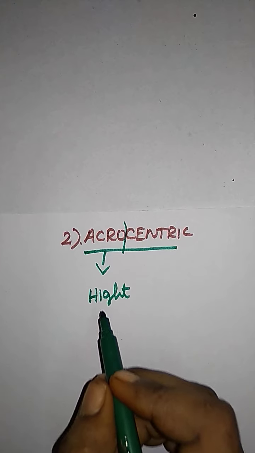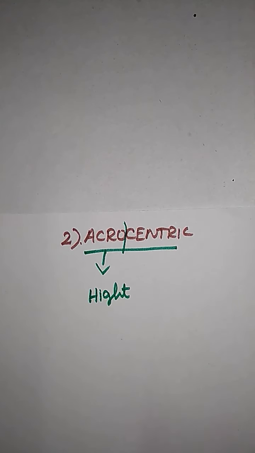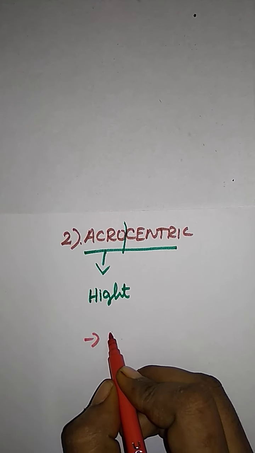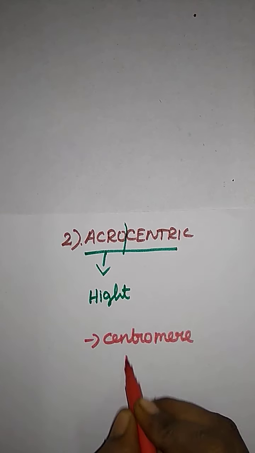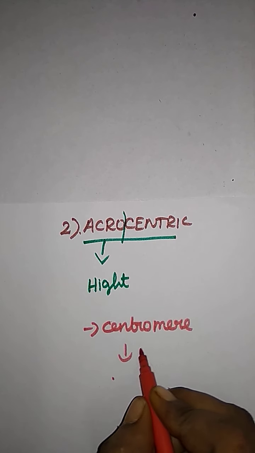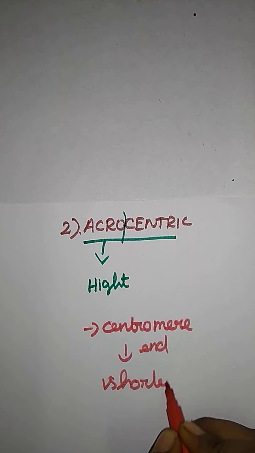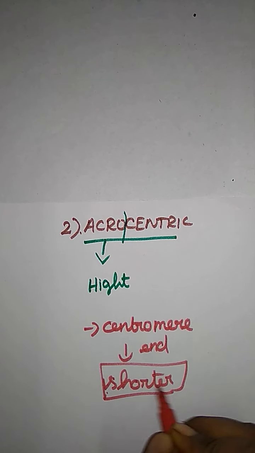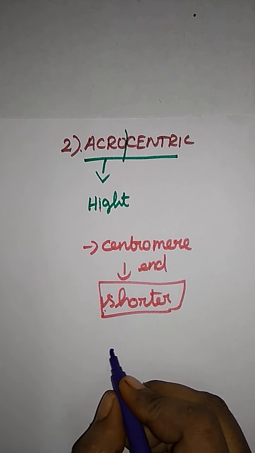Here the centromere is found at the end of the shorter arm. So shorter is indicated as height. Just see the diagram.